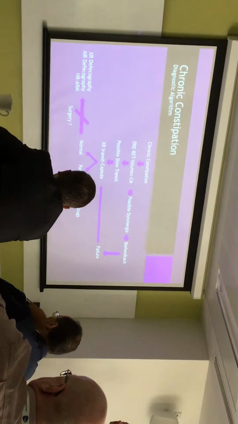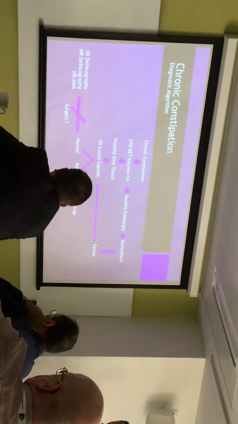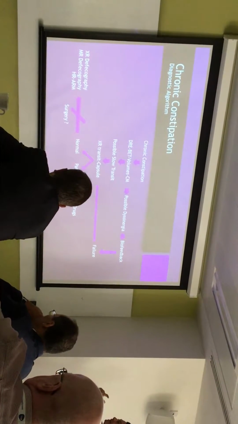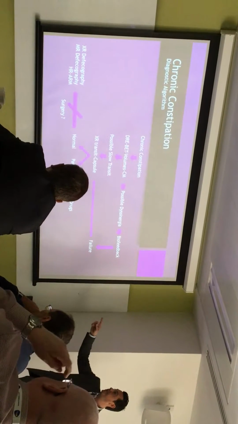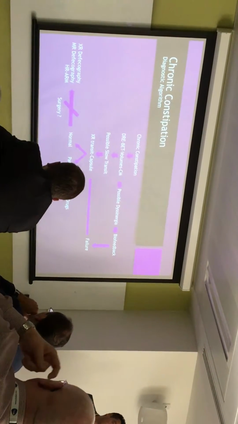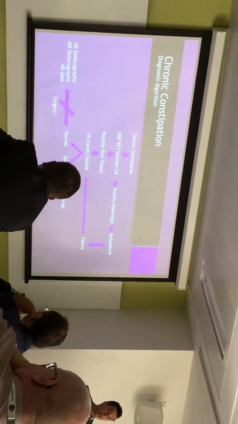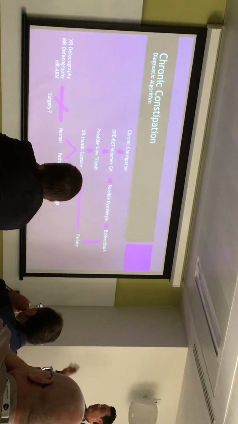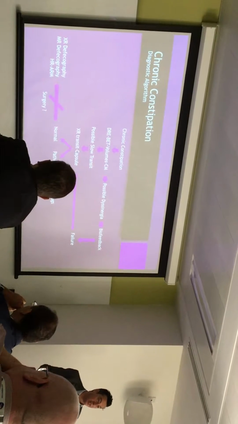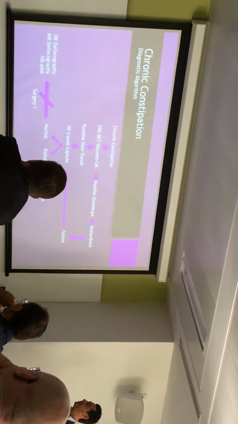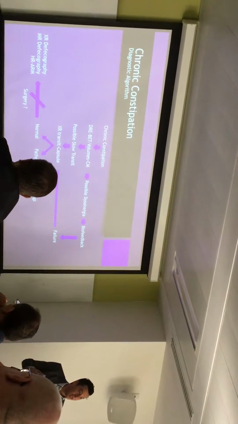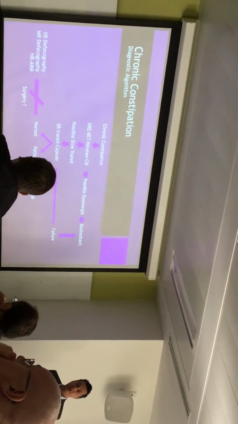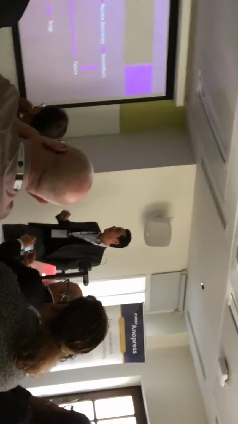In case of possible slow transit, so not much finding with the very initial tests, or in failure of biofeedback, then start checking the colonic transit time. If colonic transit time comes pathologic, then it's up to us. Surgery, not very useful. Drugs, let's try, because in the short term the new drugs tend to work quite well.